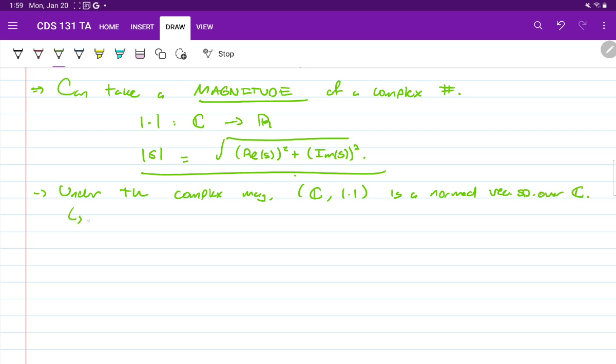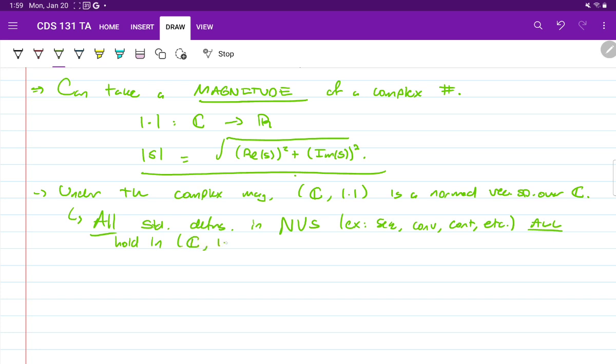And the consequence of this is that all of our standard definitions in a normed vector space, right? For example, sequences, convergence, continuity, etc. all hold in C with the complex magnitude. Okay? So it makes sense to discuss things like the continuity of a function defined from C to C.